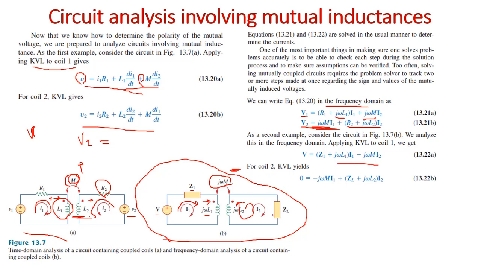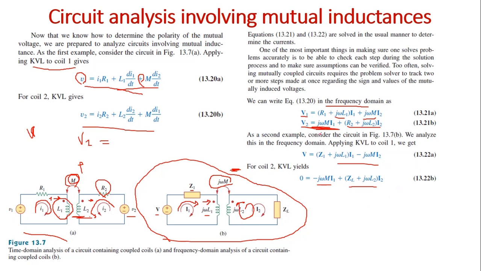And for coil 2, we don't have any voltage source, all are circuit elements. So 0 is equal to minus j omega M into I1, because mutual inductance in coil 2 is due to current I1, plus we have a load here, ZL plus j omega L2, into I2.